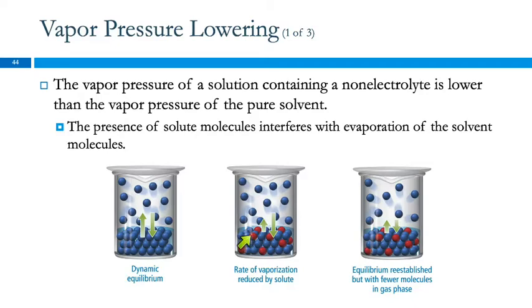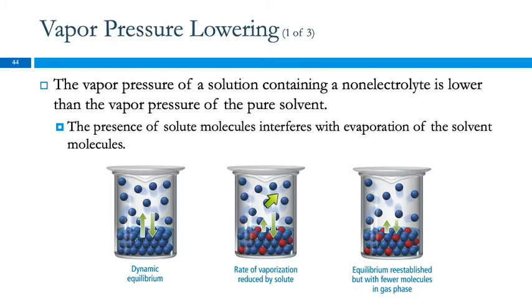So when we have a solute in here, we've got things standing in the way. So maybe these are trees or big bully kids that won't leave the field so we can play Red Rover. They're in the way. And so not as many water molecules can evaporate because these solute particles are taking up some of the surface. That make sense?